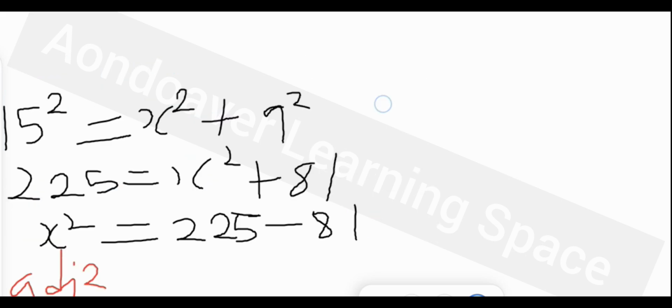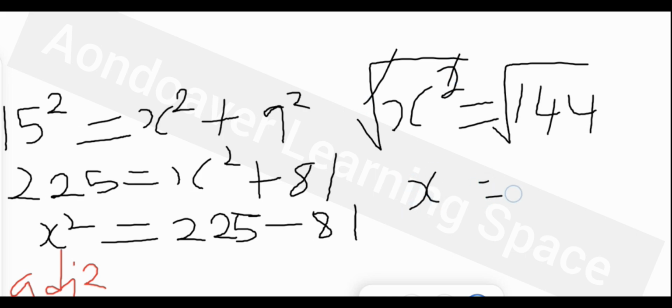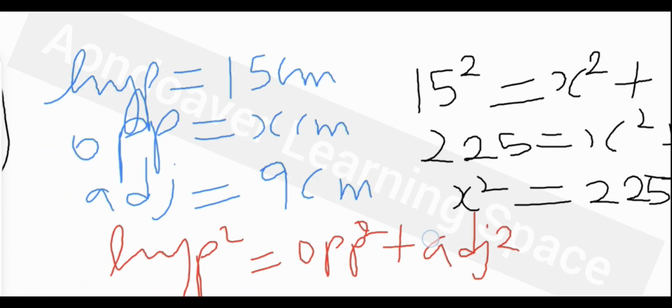So x squared is equal to 144. From here, we take the square root of both sides to find the value of x. So square cancels square root. x is equal to the square root of 144, which is 12 centimeters. Therefore, the distance between the chord and the center of the circle is 12 centimeters.